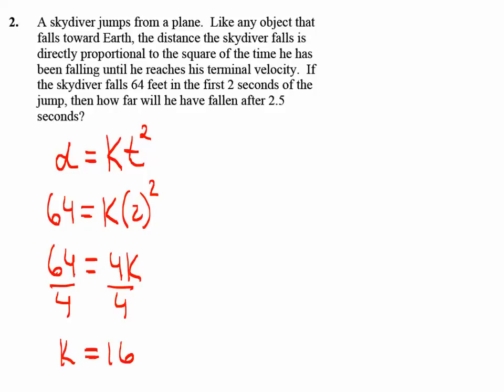Everybody good there? So we're going to plug it back in, knowing what we know now. So d is equal to 16 times t squared. So it took him 2 seconds to fall 64 feet.